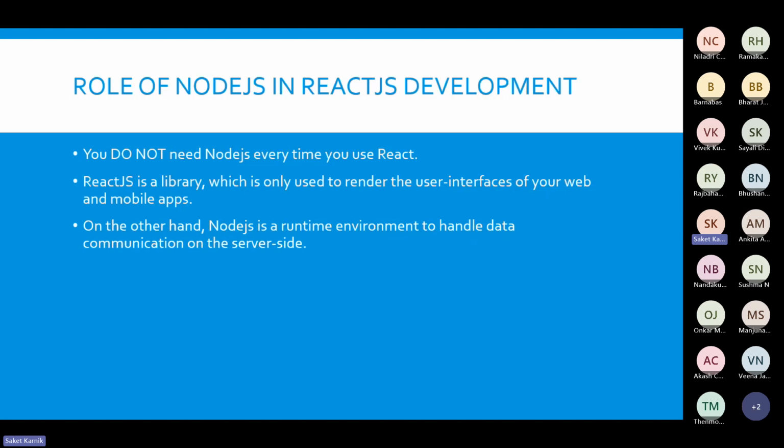React.js in itself is a completely independent JavaScript library that is used for rendering the user interface or manipulating the DOM of your web applications and hybrid mobile applications. Hybrid mobile applications are those which are built using HTML, CSS, JavaScript, the web technologies only, but run as a native application, right?